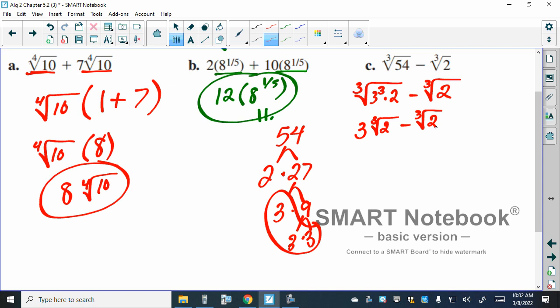So for this one here, we really had to simplify the cubed root of 54 and make it in simplest form, which is 3 cubed root of 2, which actually does give us a cubed root of 2 in both, so we can subtract.